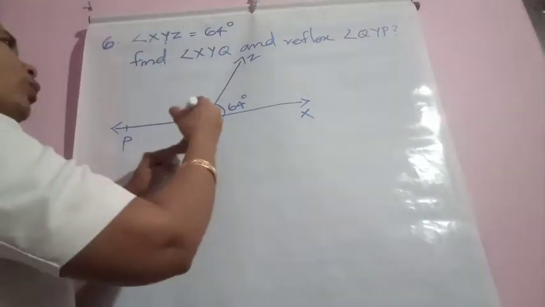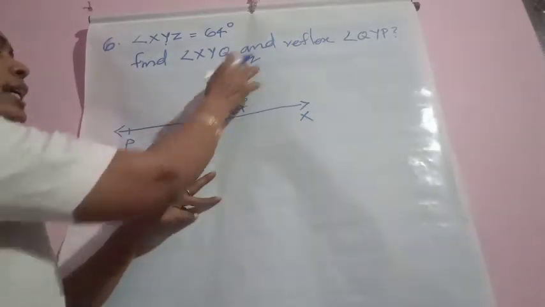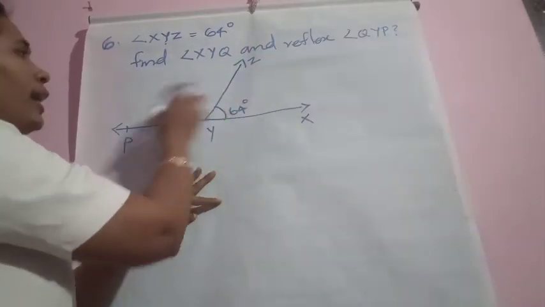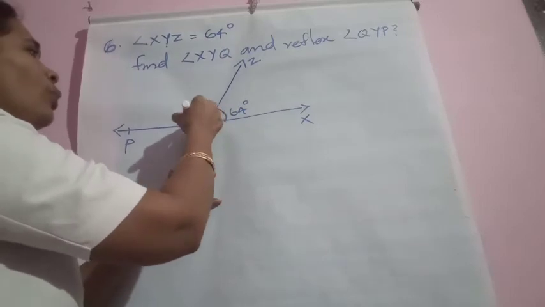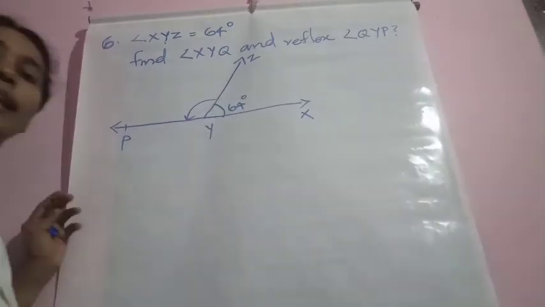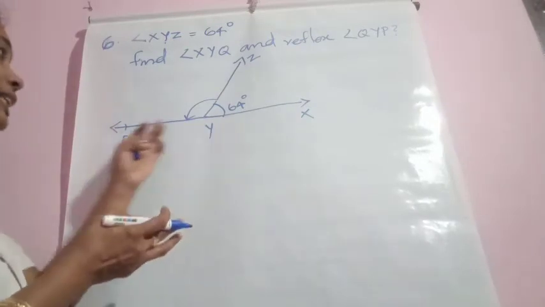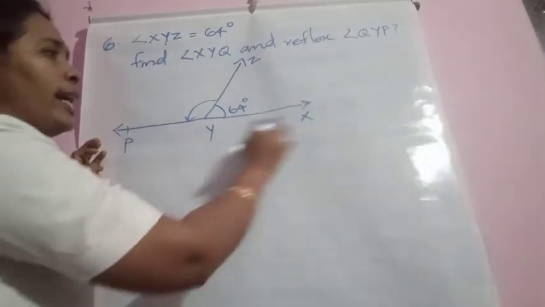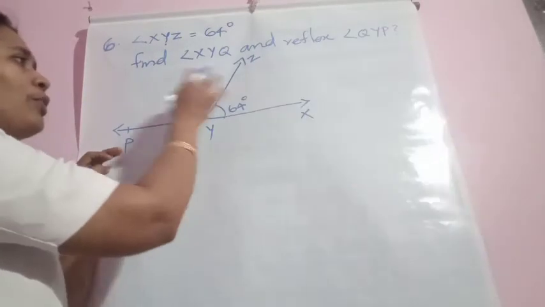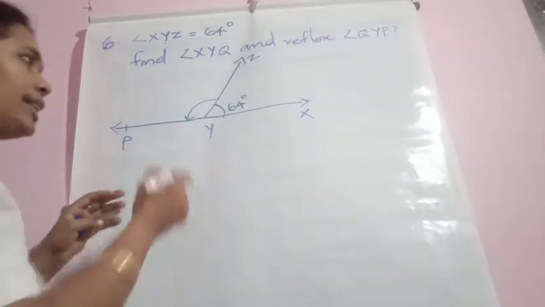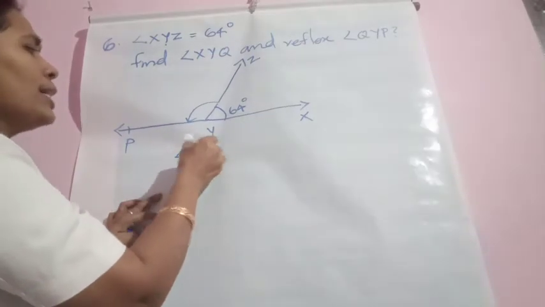Okay. Then they told you, then we have a new angle ZYP. First it was only 64. Now it is ZYP. So do you know what is the measure of ZYP? First it was XYZ only. Now we have extended it. So this is surely a straight line. So one angle 64, what will be the other adjacent angle? We have studied that yesterday. Which one?